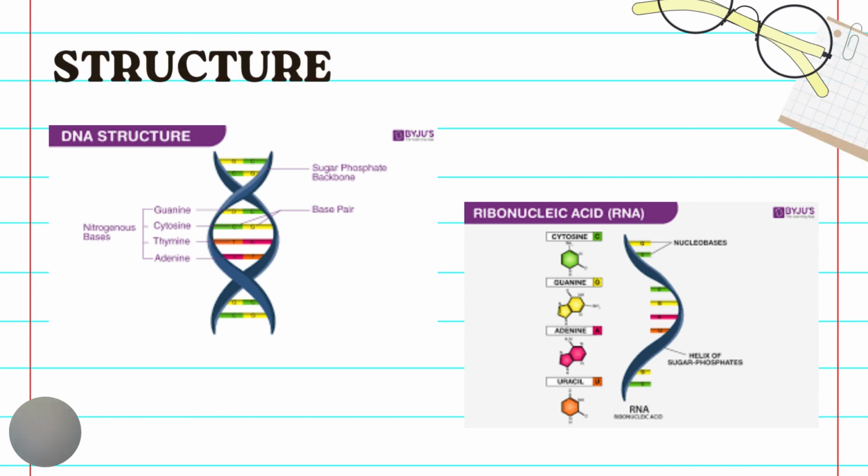So now let's look at the structures of these nucleic acids. As you can see here, we have the DNA structure. It is double-stranded. It has two strands, and those two strands are held together by the nitrogenous bases pairing and running to their best friends. That's how they're held together. Those are the best pairs.